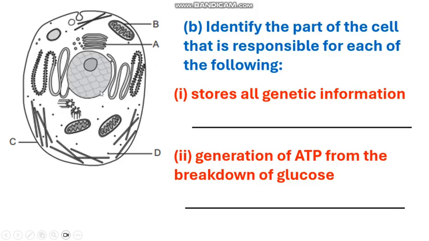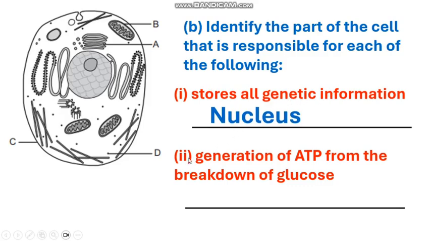When you look at this diagram, we have this part right here, which is in the middle. This part is called the nucleus. The nucleus is the one that is in charge of storing all genetic information. Apart from that, it is also responsible for controlling all cell activities. So on B1, we have said the nucleus is the part of the cell that stores all genetic information.